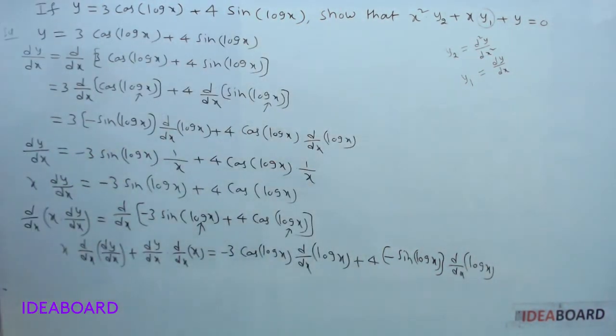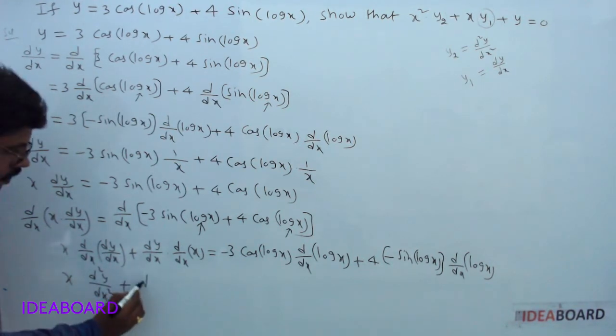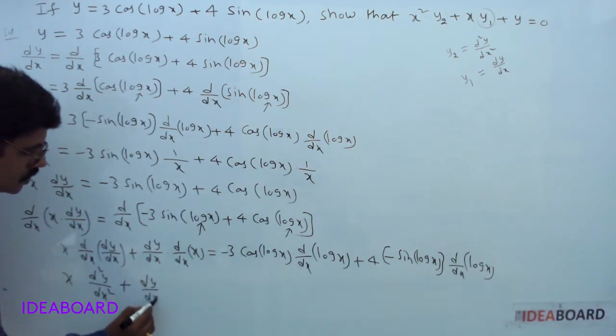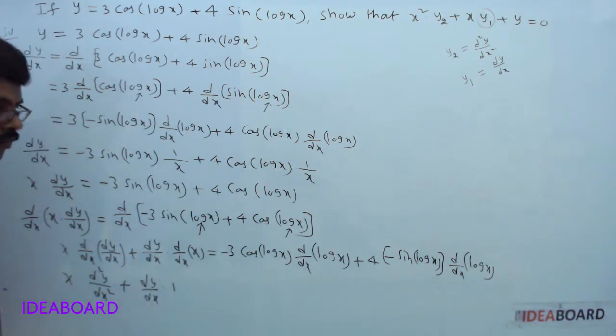Now come to the simplification part. This is x into d by dx of dy by dx. This is nothing but d square y by dx square, plus dy by dx into derivative of x with respect to x, which is 1.